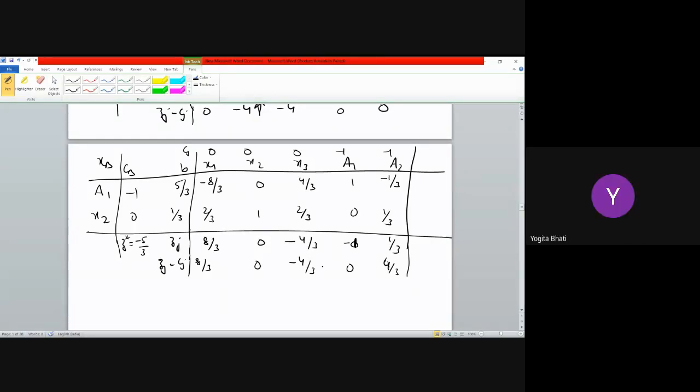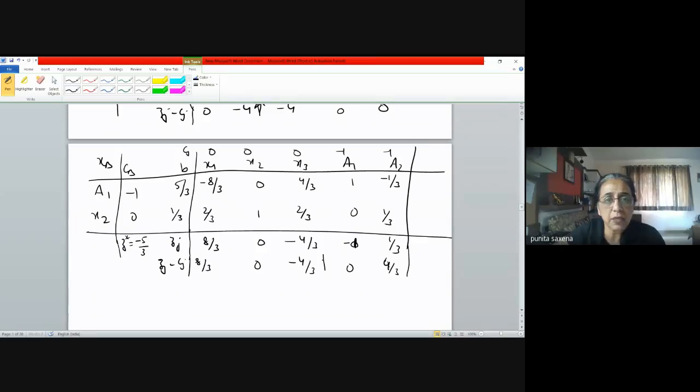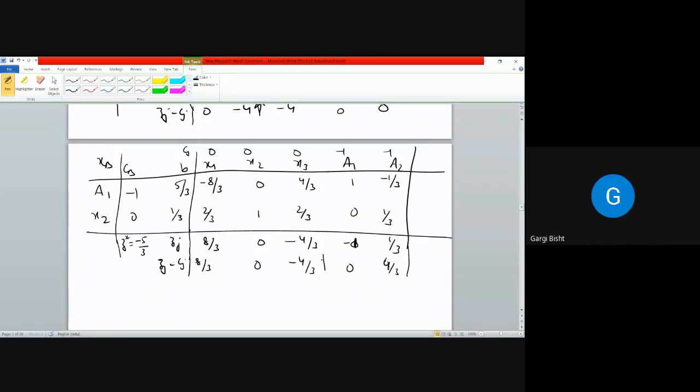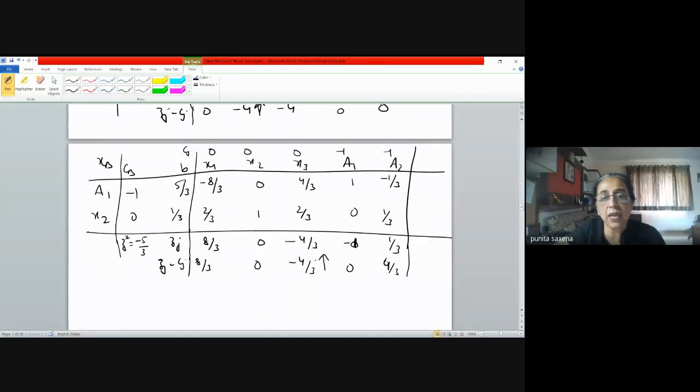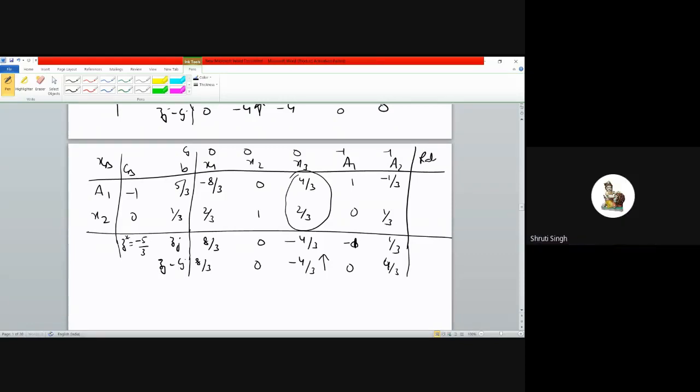X3. X3 enters. We have only one negative Zj minus Cj. So X3 enters. Now what about the ratio? 5 by 4 and 1 by 2.